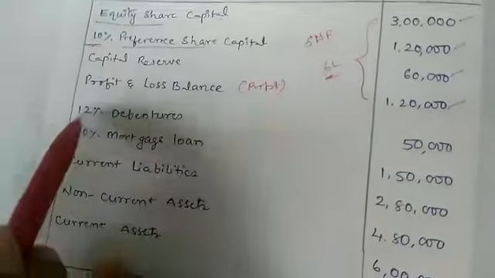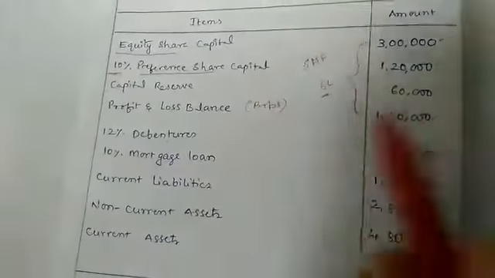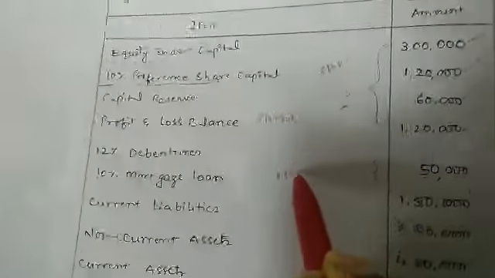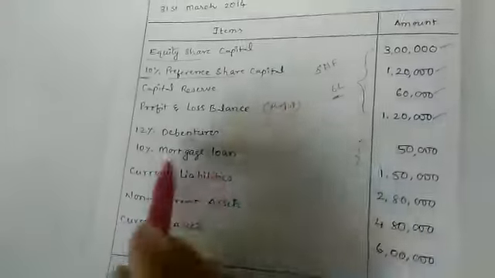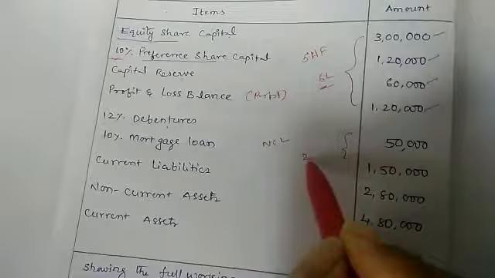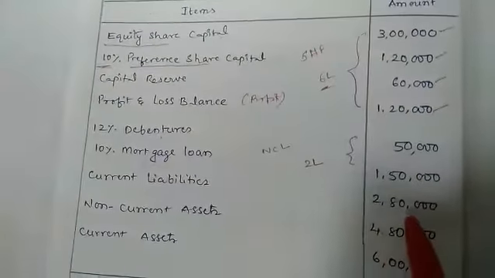Next, 12% debentures and a 10% mortgage loan. These two items come under non-current liability, that is 50,000 plus 1,50,000, 2 lakhs. Next, current liabilities 2,80,000.